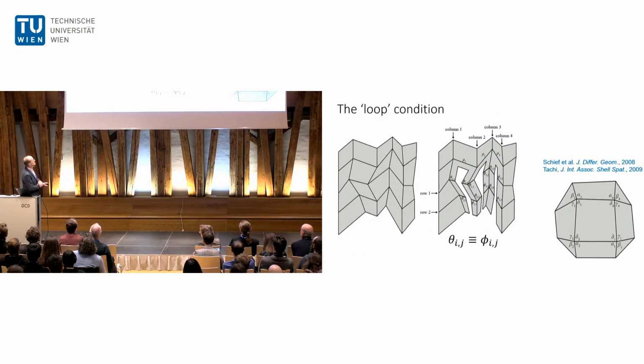The basic condition that we took was that we start off with our folding pattern. And if you cut all of the facets into pieces in the manner that you see in the middle of the picture here, then you can guarantee that you will end up with a structure that will be foldable.